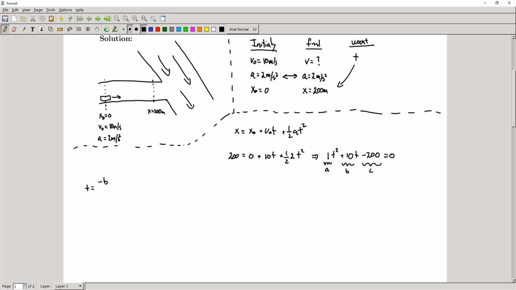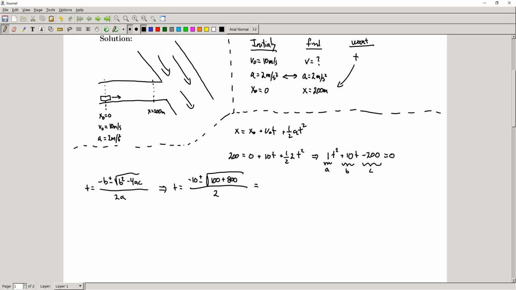which I'll write down over here. So we can solve for t using this quadratic equation. Let's substitute in values, and if we do that, we get the following. b squared minus 4ac, well, minus 4 times 1 times minus 200, that's just plus 800, over 2.